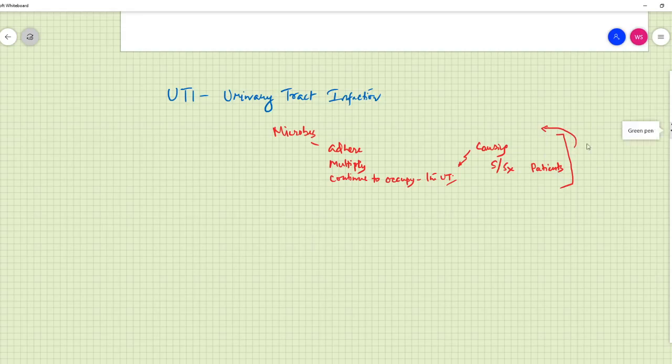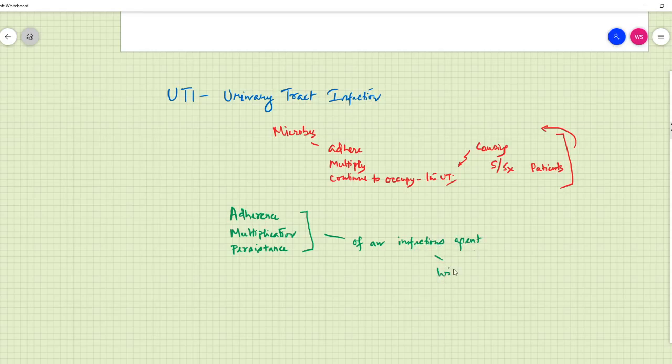So how can we define UTI? We can say it's the adherence, the multiplication, and the persistence of an infectious agent within the urinary tract.